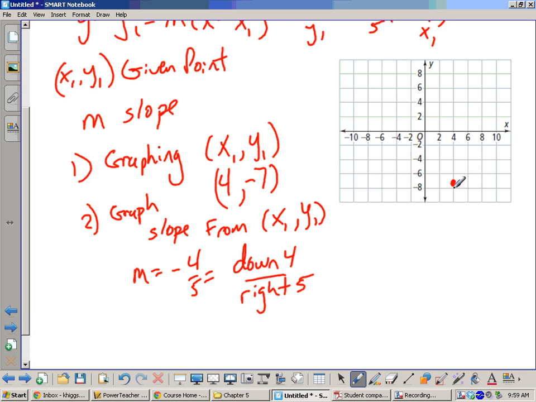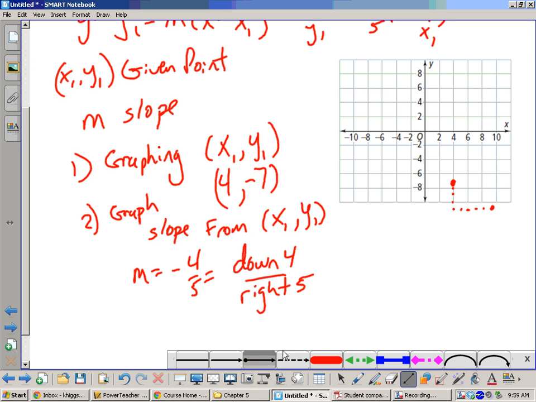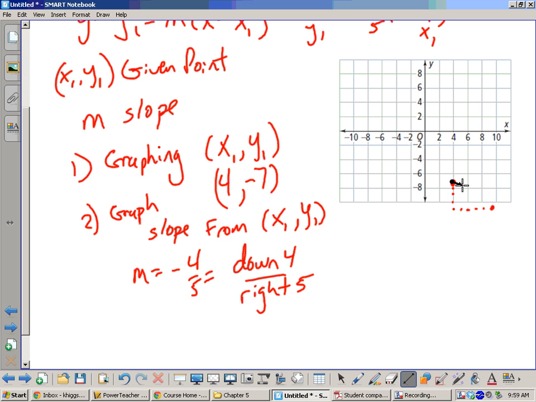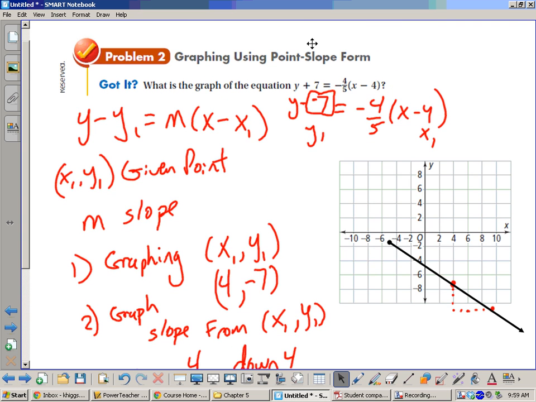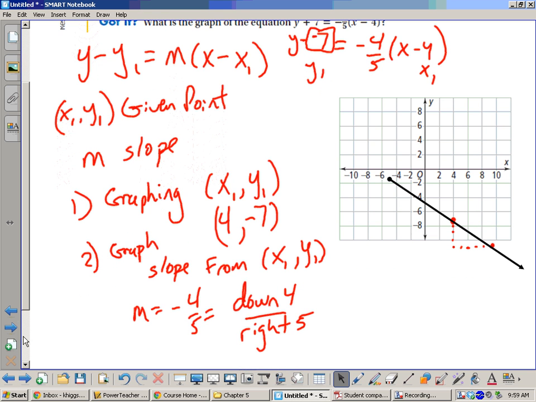So down 1, 2, 3, 4, and to the right 5. 1, 2, 3, 4, 5. So then that gives us a line that looks like that. So I'm going to extend that line out. We should always extend it out. So that's what the equation looks like. So that's graphing an equation in point-slope form. You could always rewrite it in slope-intercept form, but this is the way you would do it in point-slope form.